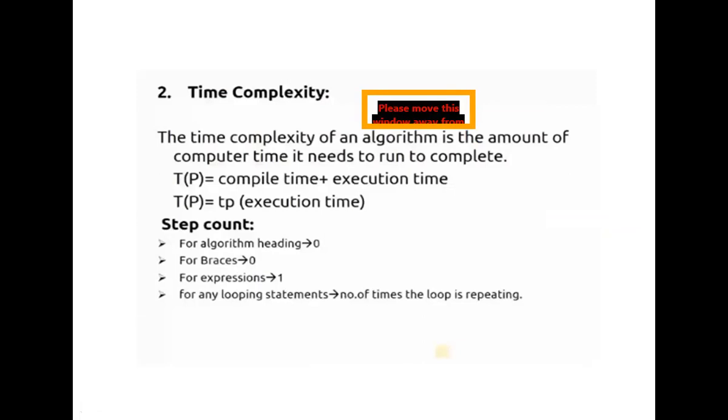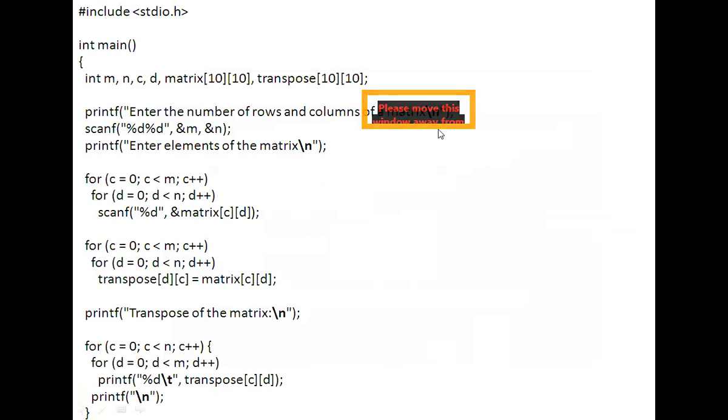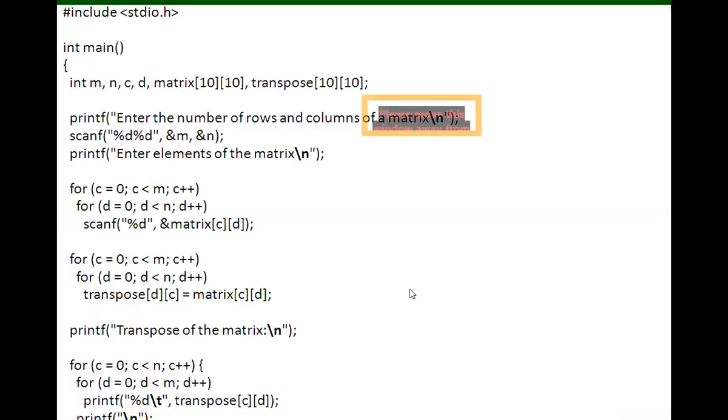For any loop, it depends upon the loop. So in this algorithm we mainly focus on these two because of the inner loop. If you perform the transpose, you have to check the inner loop and the outer loop. In this way you analyze it. So the complexity of the transpose of the matrix is big O of n square.